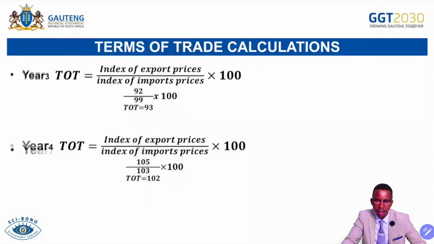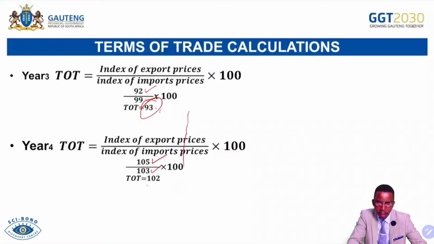And then let's check year number 3. In year number 3, we have 92 over 99, meaning export prices are still lower because export prices are 92 while imports are 99. That is decreasing our terms of trade even further because import prices are higher than export prices. And then year number 4, we have 105 export prices and 103 import prices. Then terms of trade will be rising from 93 to 102.